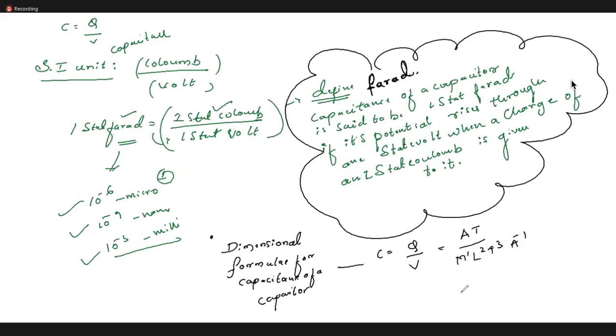So the dimension for capacitance is M power minus 1, L power minus 2, T power 4 and A power 2. In 1 mark questions, and in the KCET also, they may ask the dimensional formula for the capacitance of a capacitor.